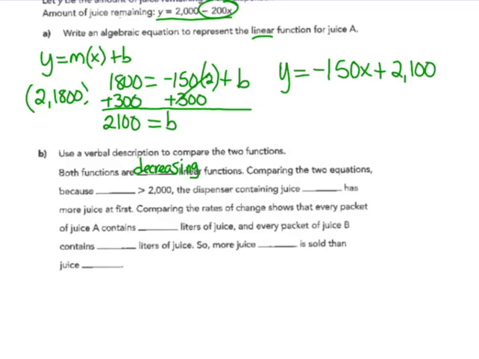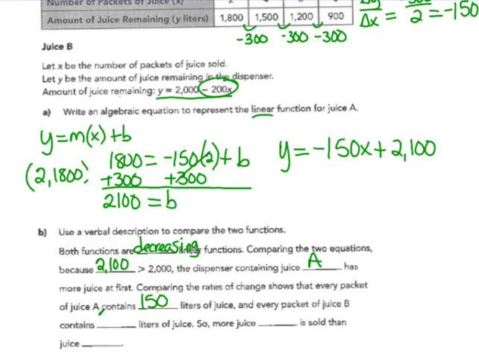Comparing the two equations, because 2100 is greater than 2000, the dispenser containing juice A has more juice at first, but comparing the rates of change shows that every packet of juice A contains 150 liters of juice, and every packet of juice B had, what was the rate? 200 liters of juice. So more juice B, because it's decreasing faster, is sold than juice A.